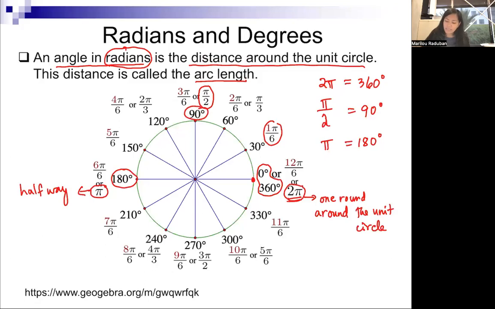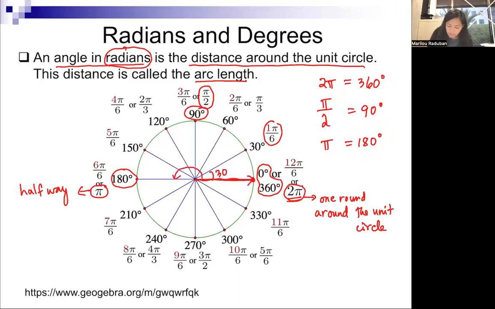And here we can see that the distance traveled as measured in radians is equivalent to the angle around the circle relative to the 0 degree position. So the 0 degree position is this horizontal axis pointing to the right. So 30 degrees is measured, for example, as such.